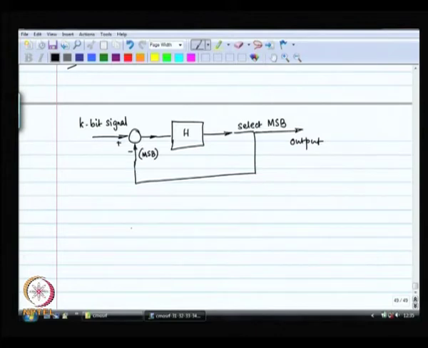The output is a 1-bit signal, and the claim is that the average of the output.